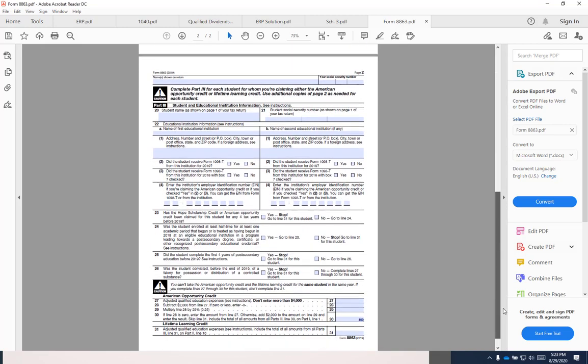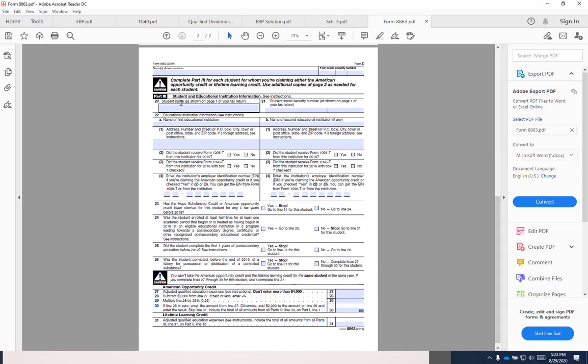And in either one, we would know from filling out Part 3 for each student, right? In this case, it's just one, Bud Bundy. Be sure to fill it out, and then you would know whether it's the American Opportunity Credit or qualifies as Lifetime Learning Credit. You will come down to line 30 and know that it's going to be $400 as we indicated before as the qualified expense, and in this case as part of the American Opportunity Credit.